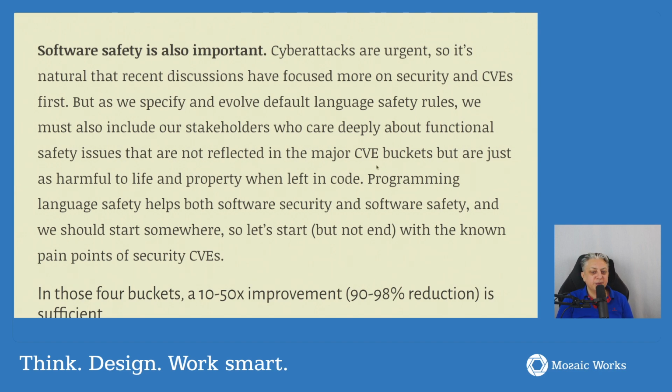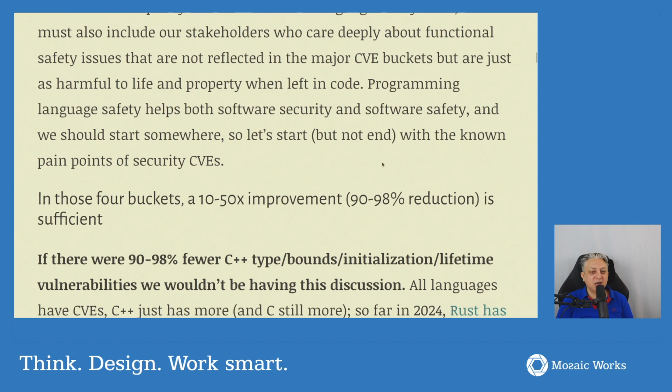But as we specify in the default language safety rules, we must also include our stakeholders who care deeply about functional safety issues that are not reflected in the major CVE buckets but are just as harmful to life and property when left in code. Programming language safety helps both software security and software safety. And we should start somewhere, so let's start but not end with the known pain points of security CVEs.